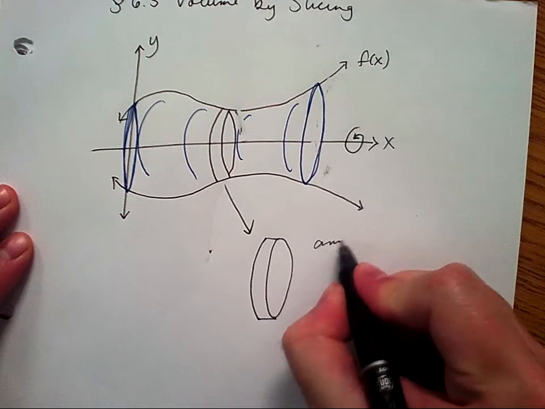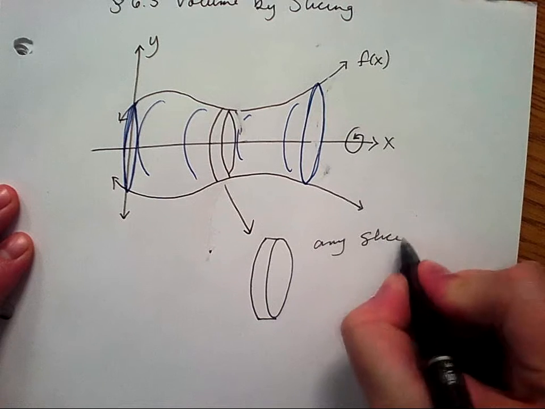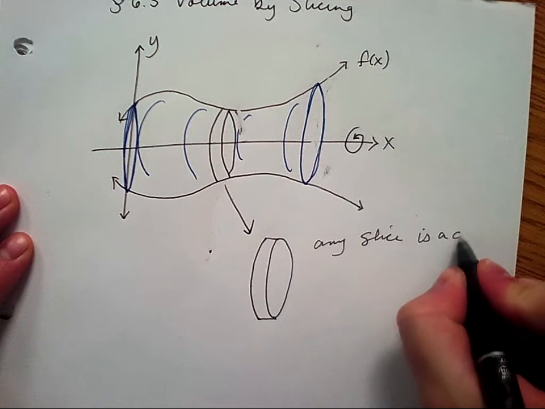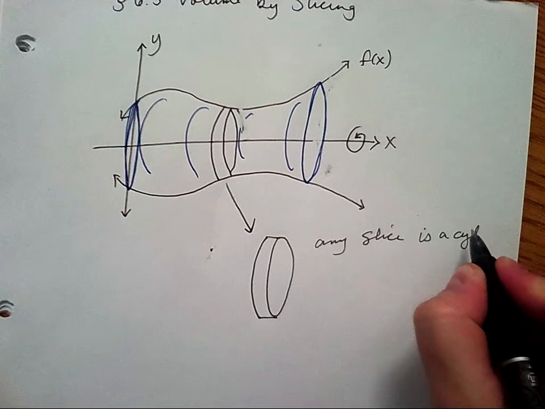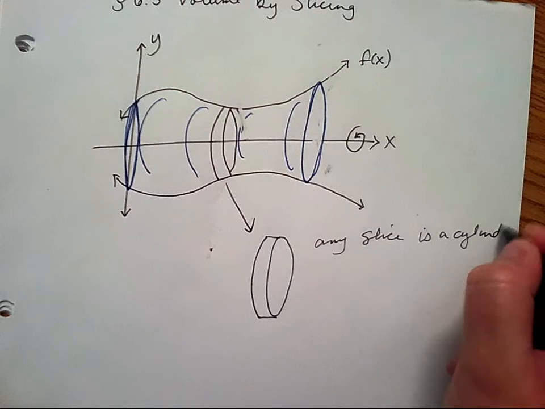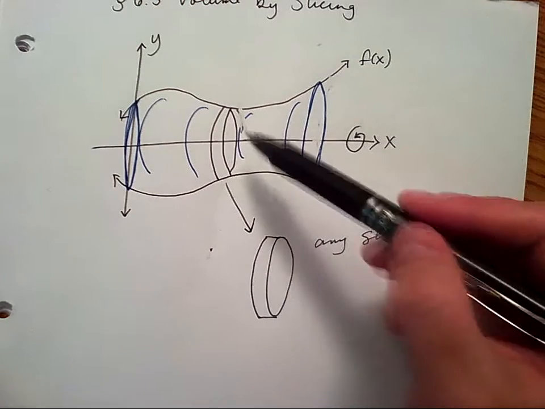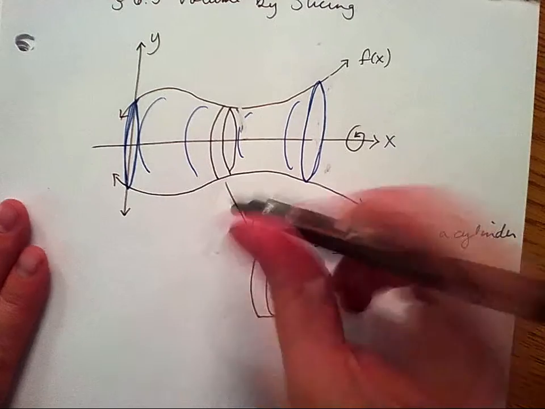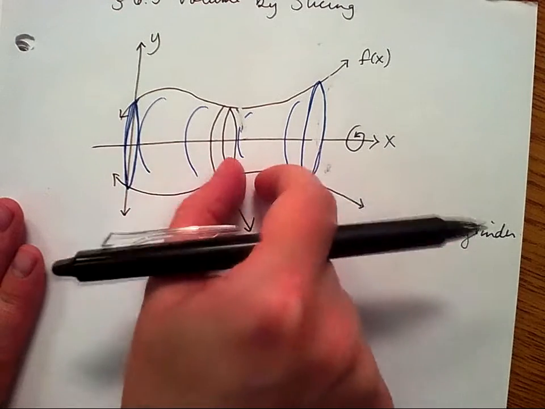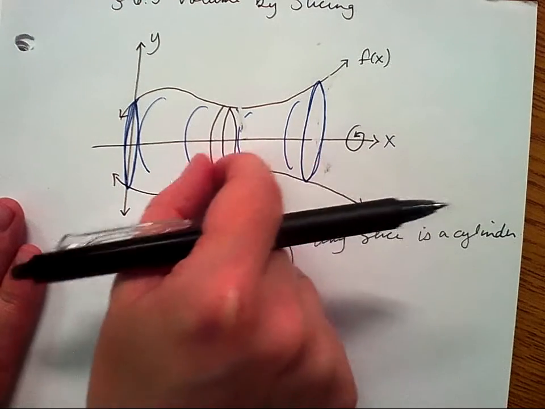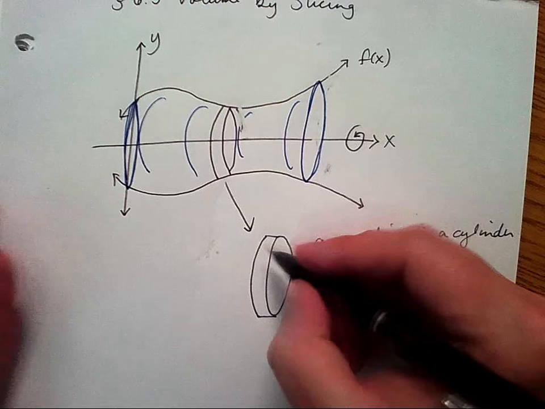So any slice is a cylinder. Obviously, it depends on the slice that I take out because the radius is different, right? Depending on my slice.